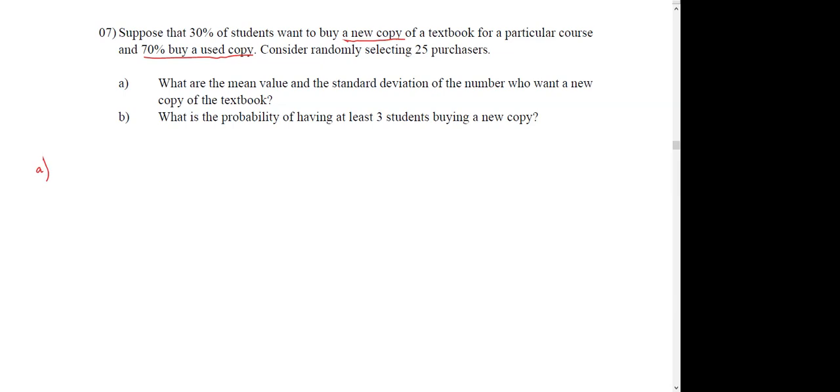Definitely it's a discrete case. Suppose that 30% means 0.3 of students want to buy a new copy of the textbook, and 70% buy a used copy, which means 0.7. So you have only two outcomes, new copy and used copy. If you have two outcomes, it is a binomial problem, which means you have to use the binomial distribution. So here n is 25.